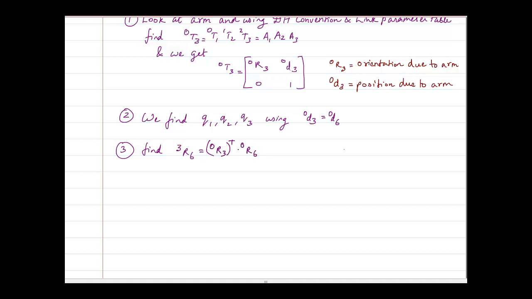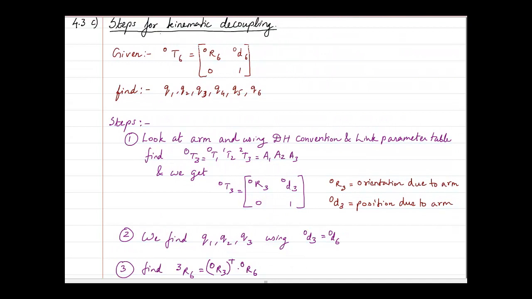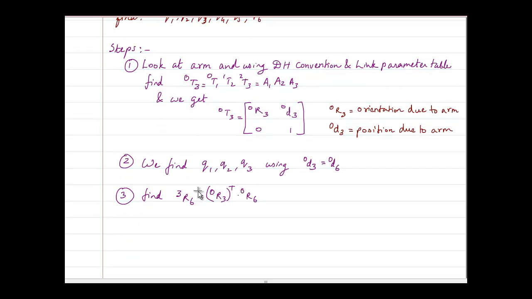Where do we get the 0R6 from? We get it from the given value. So from this value we are able to find out 3R6 by taking the transpose of 0R3 that we have found out in the first step.